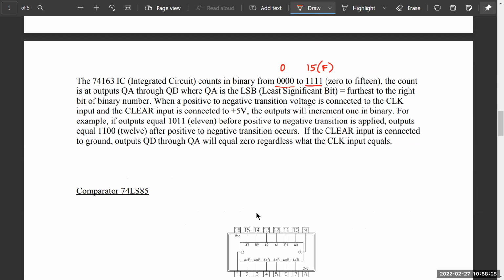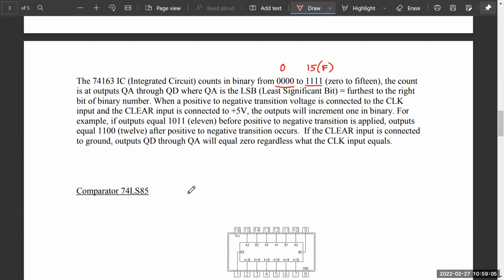So when the clock signal arrives, the counter will start counting, and the output will increment by 1 digit in binary. If the incoming clock signal is 0, then the outputs are all 0. When the clock goes high, the output is going to start counting, going through 0000 all the way through 1111. Depending on the frequency, you can control the speed of this count.